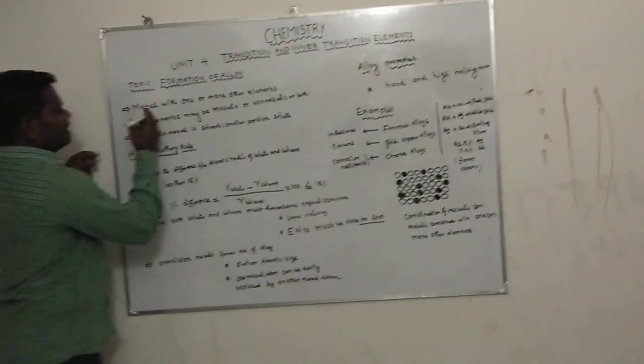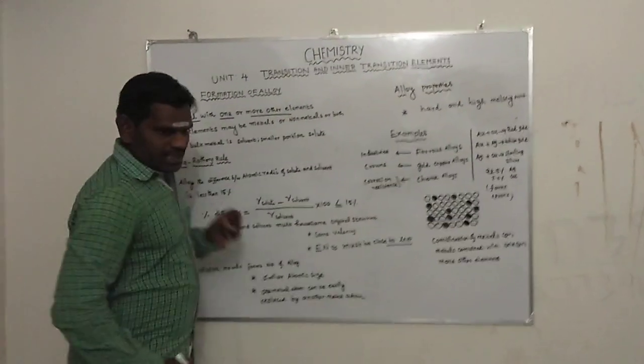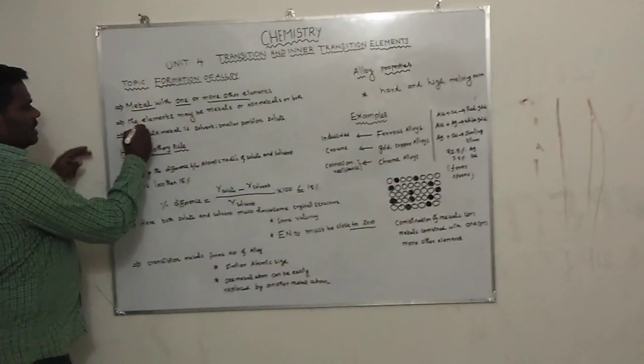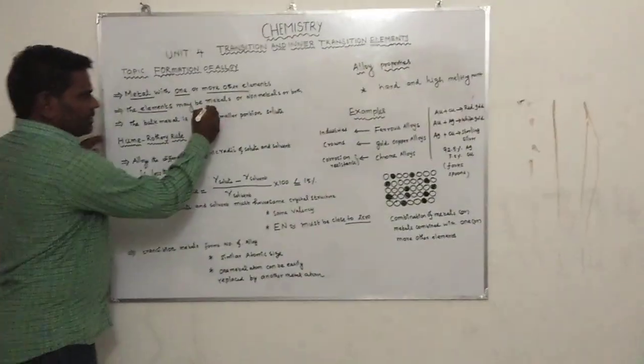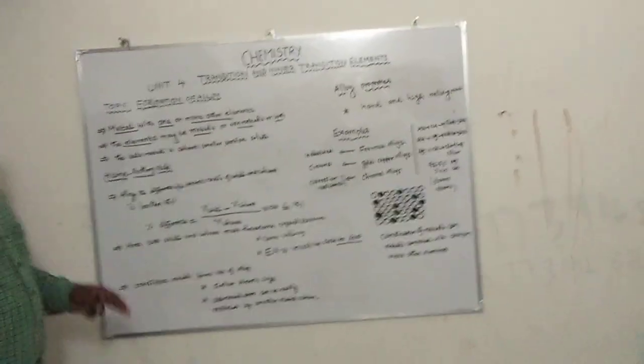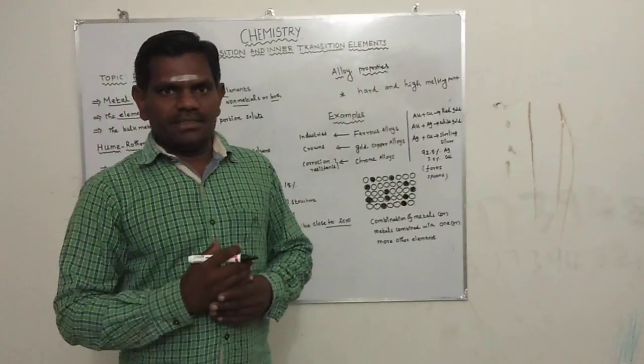You see, students, a metal combined with one or more other elements gives us an alloy. The elements may be metals or non-metals or both. Here, the bulk metal is also known as the solvent.